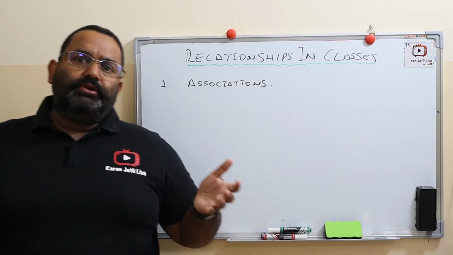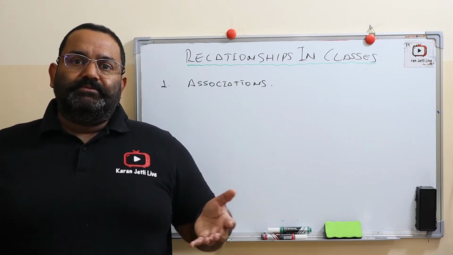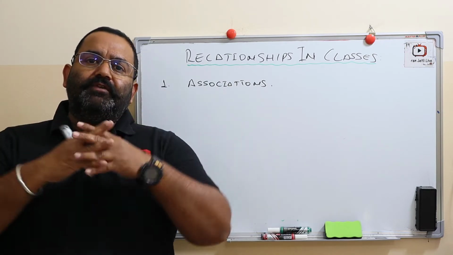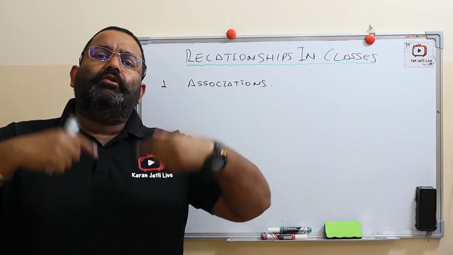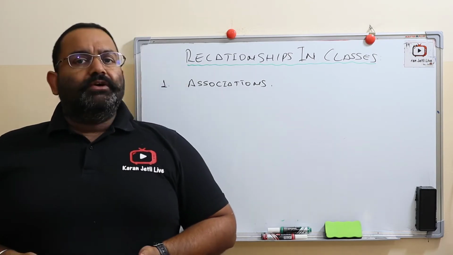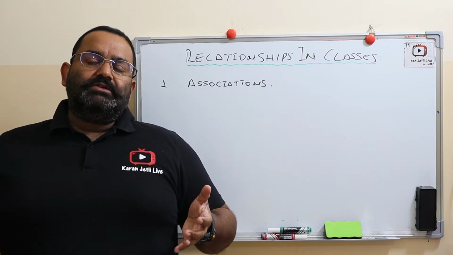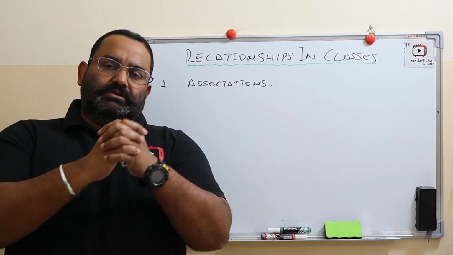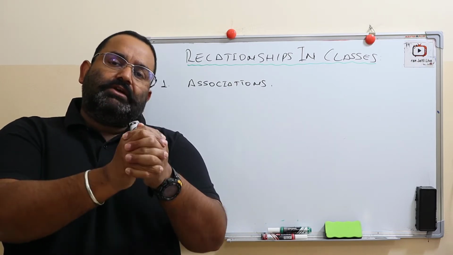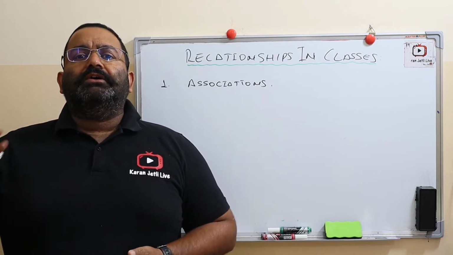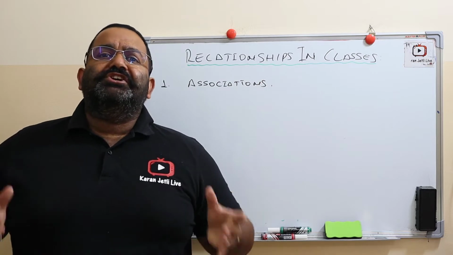In object oriented analysis and design, or in an object oriented system, what happens is we have different objects, we have different classes which work together in order to achieve something. So which class will work with which other class, or which class can be associated with which other class in order to achieve a task, that is called association.